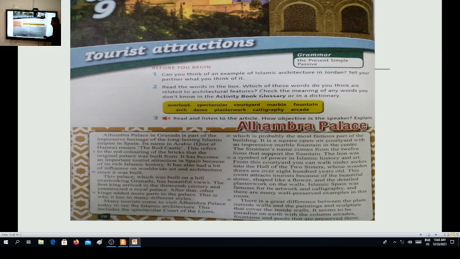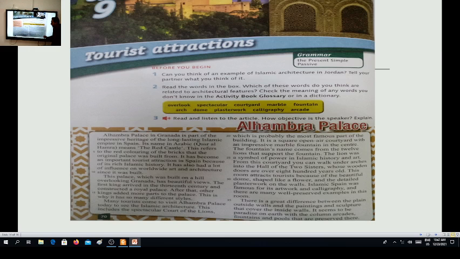Alhambra Palace in Granada is part of the impressive heritage of the long-lasting Islamic empire in Spain. We are dealing with the Islamic empire, the heritage, their history, their design, their buildings, their architecture, their civilization in Spain.